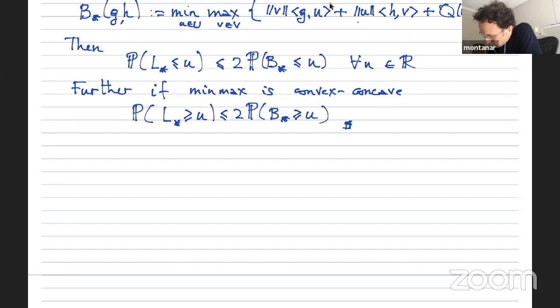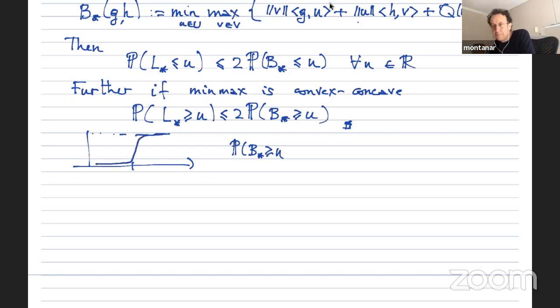So the typical picture here is that the probability that B star is bigger or equal than U has a sharp threshold around a typical value.